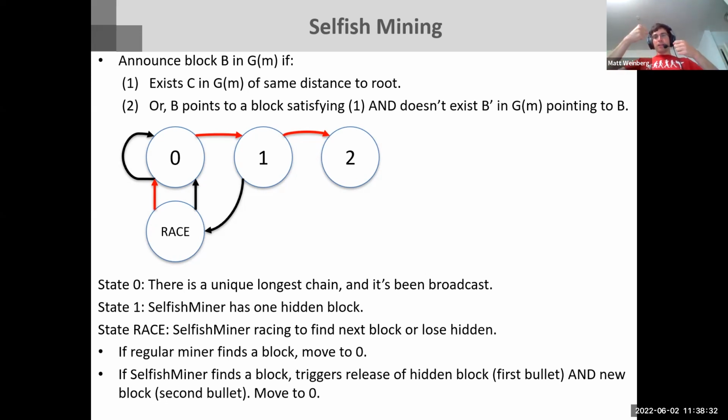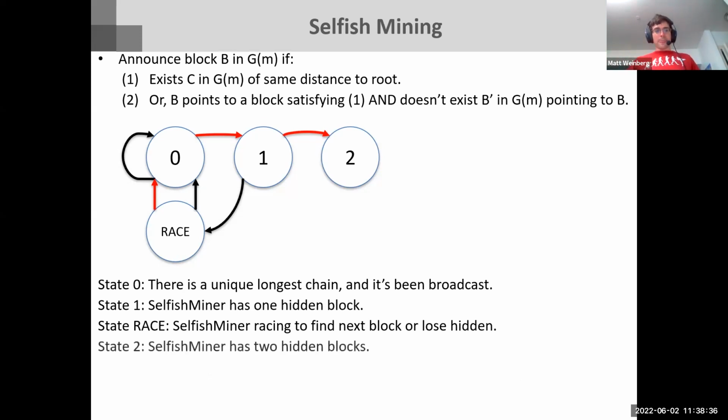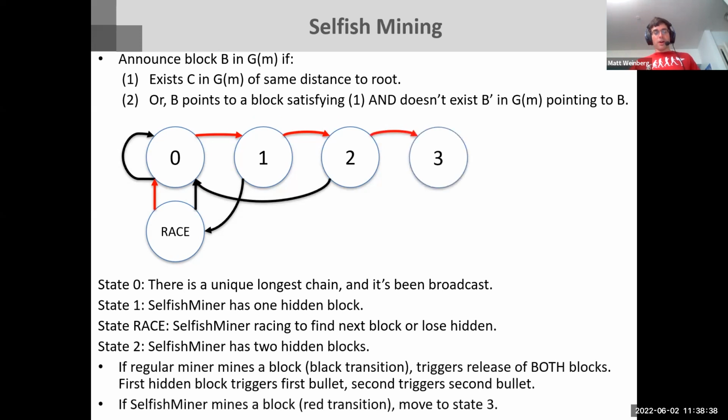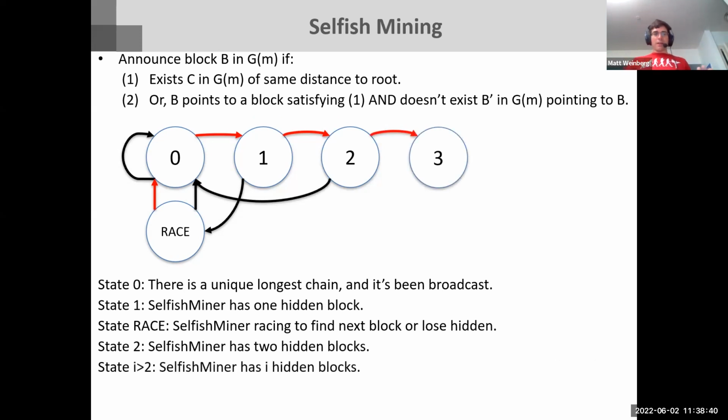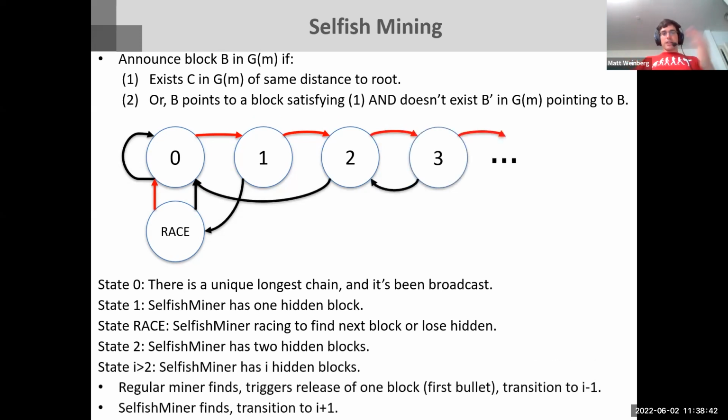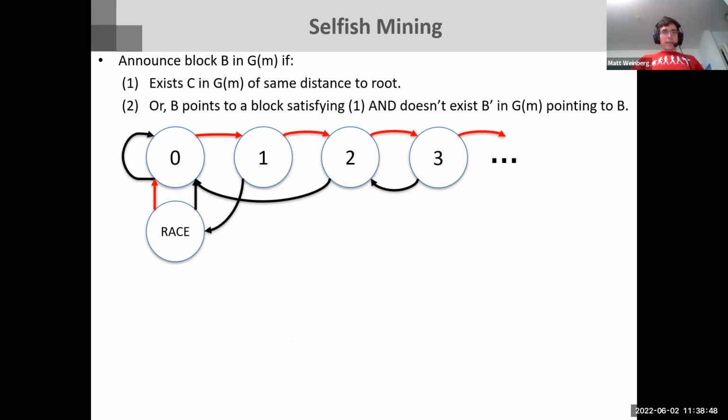If we find a block, then it's going to be us that has 2 blocks in the longest chain. So all of this is just to say this is how you build this picture, and it has different states that store how much is hidden right now.